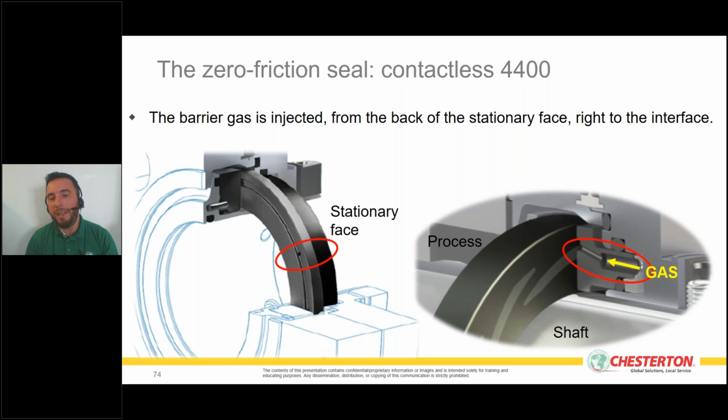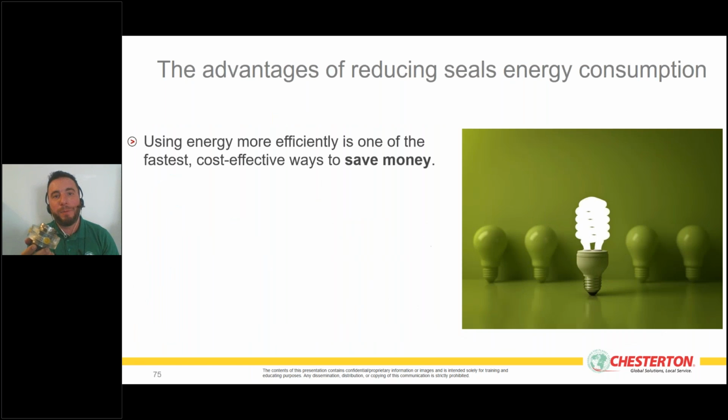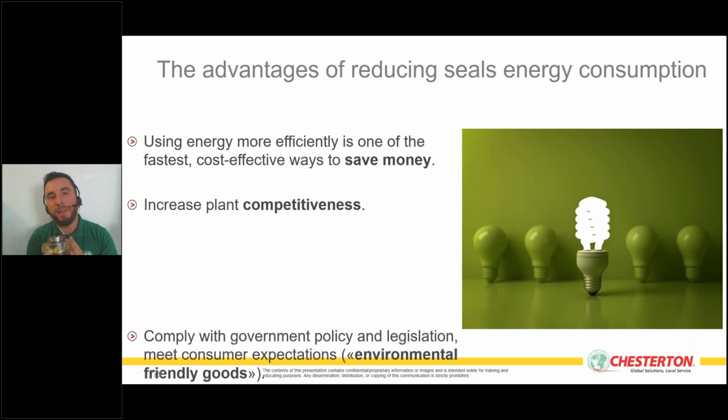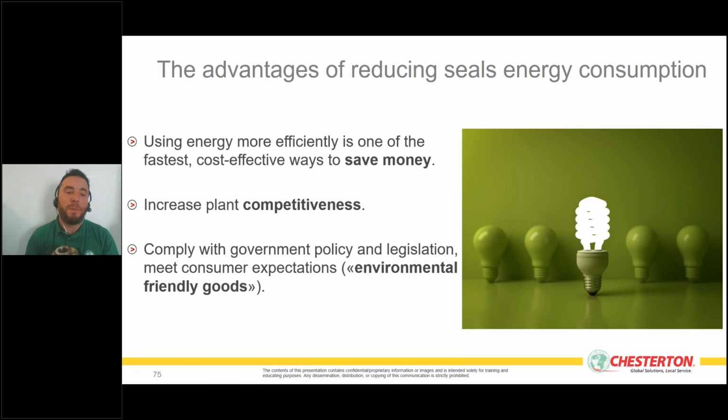So as a conclusion, the mechanical seals as well can help you to reduce your water consumption and your energy consumption. And using energy more efficiently is the fastest, cost-effective way to save money, to increase the plant competitiveness, and to comply with the government policies and meeting the consumer expectation to sell environmentally friendly goods.